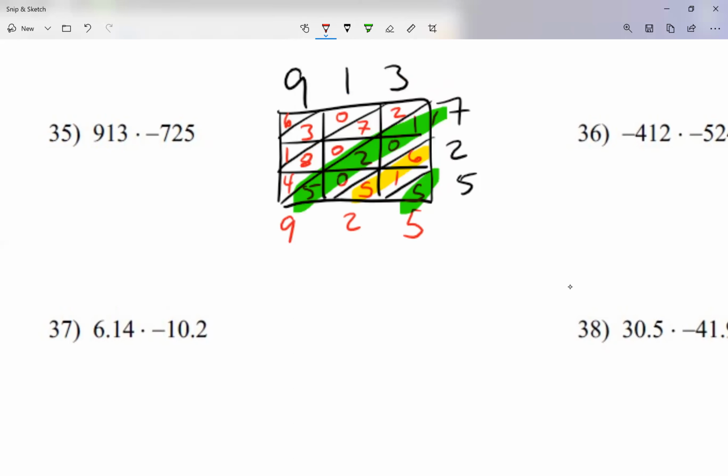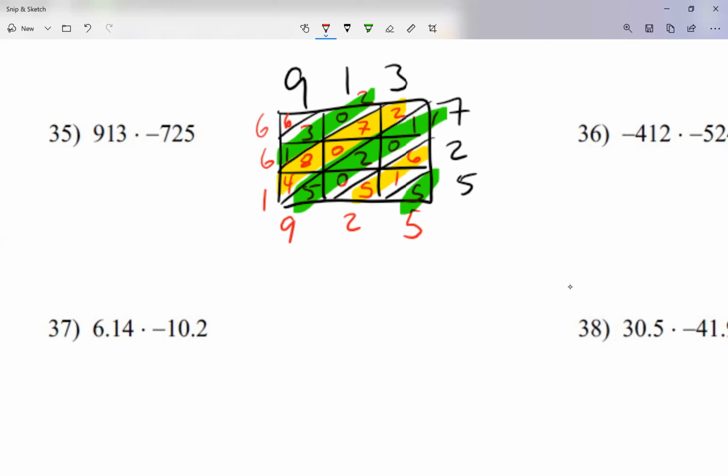And then my next row, it's this one. When I add my digits, that gives me 21. And then this next row, that gives me 6. And then my last row, that gives me a 6 as well.